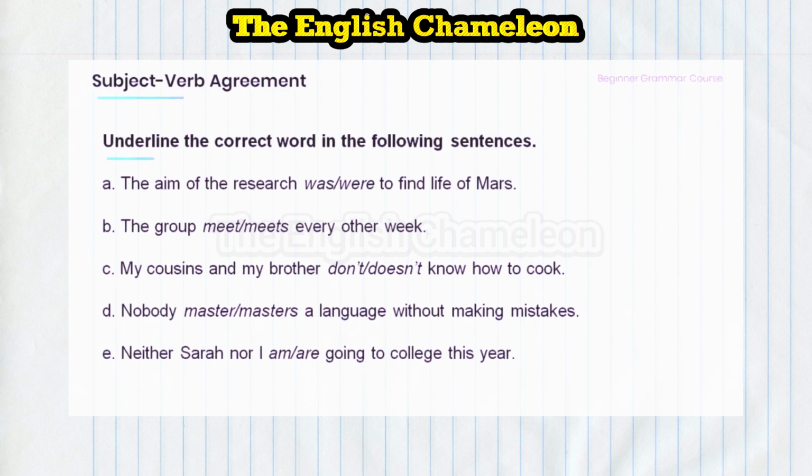Now, time for you to practice on your own. Read the following sentences and underline the correct word. A. The aim of the research was or were to find life on Mars. B. The group meets or meet every other week. C. My cousins and my brother don't or doesn't know how to cook.